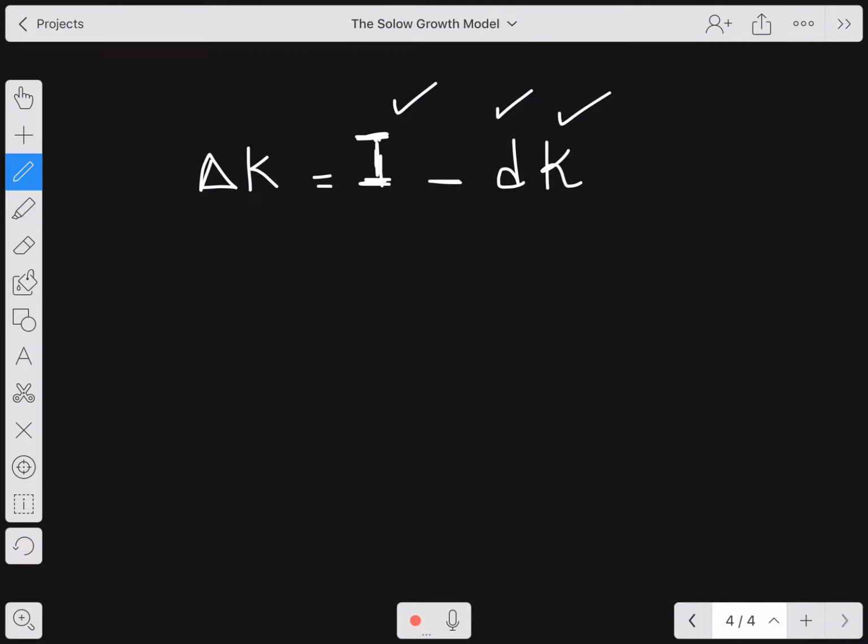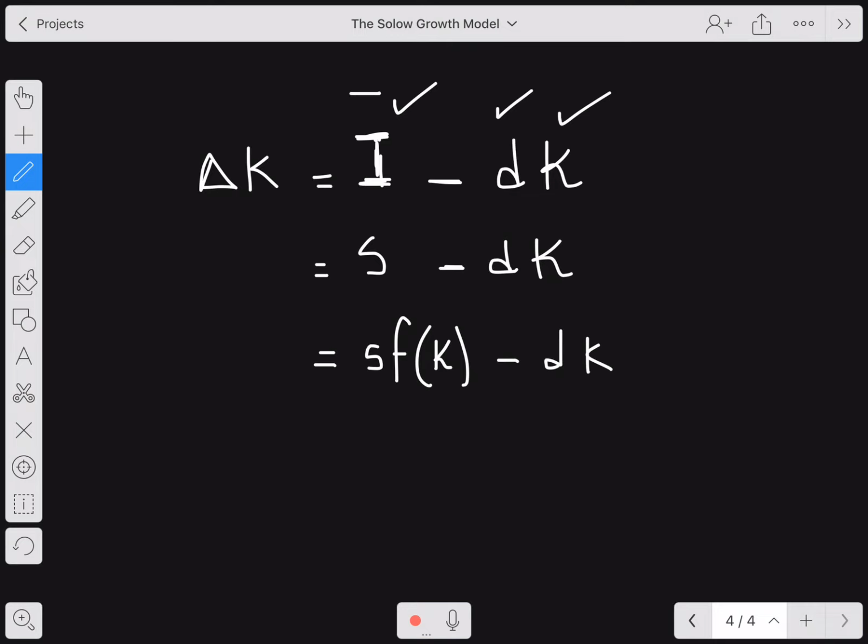In order to know the change in capital labor ratio, we have two forces, and we can rewrite investment. We already know it is equal to savings minus depreciation out of the capital labor ratio. Or you can rewrite it as the small s out of the function of k, which is output, minus dk.